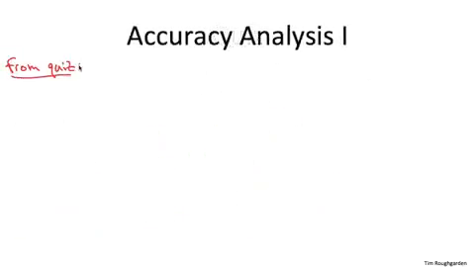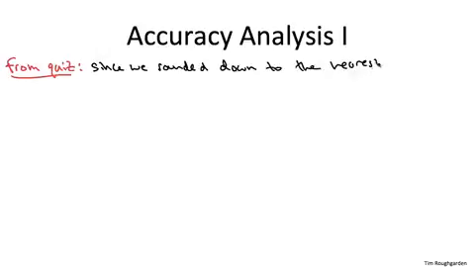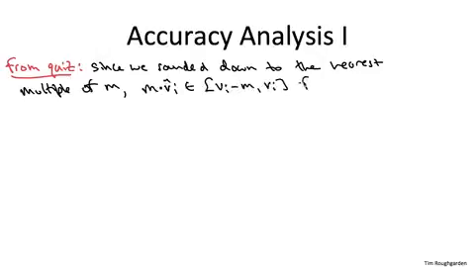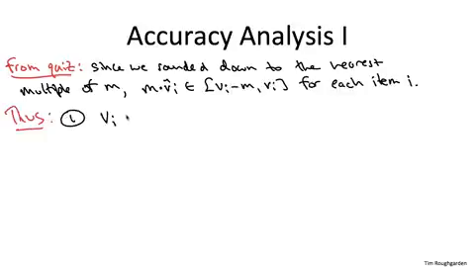So let's now assemble a few preliminaries crucial for the accuracy analysis. What did we learn from the quiz? We learned that for each item i, the rounded value v hat i scaled up by m, intuitively after we've rounded vi down to the nearest multiple but before we've divided, lies somewhere between vi as an upper bound and vi minus m as a lower bound. Let me extract from this two different inequalities, one which expresses an upper bound on vi in terms of v hat i, and one which expresses a lower bound on vi in terms of v hat i.